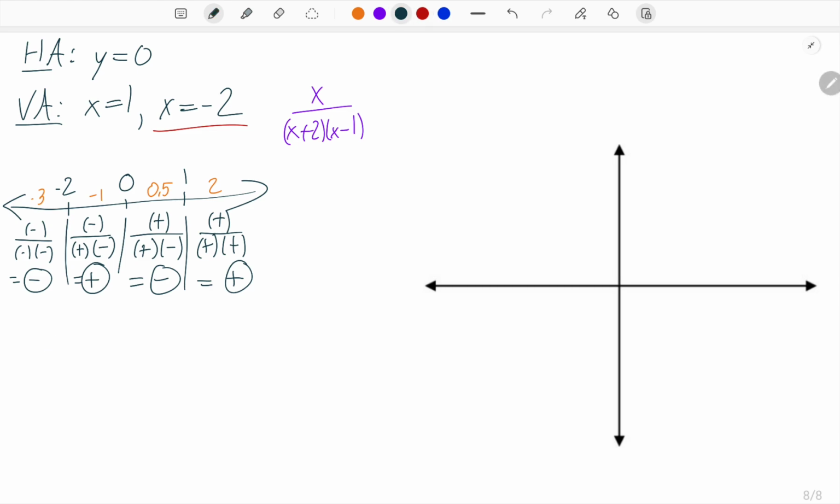And actually, this tells us our horizontal asymptote too. Since it's 0, since we're on the right of 1, as we go towards positive infinity, we're going to be positive. So this tells us all asymptote behavior.